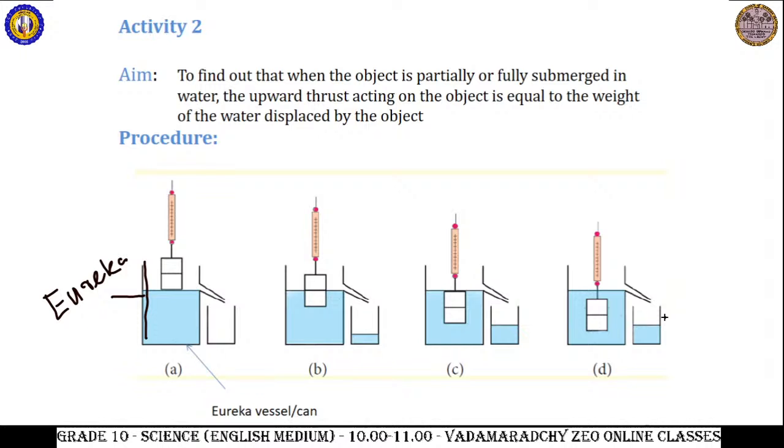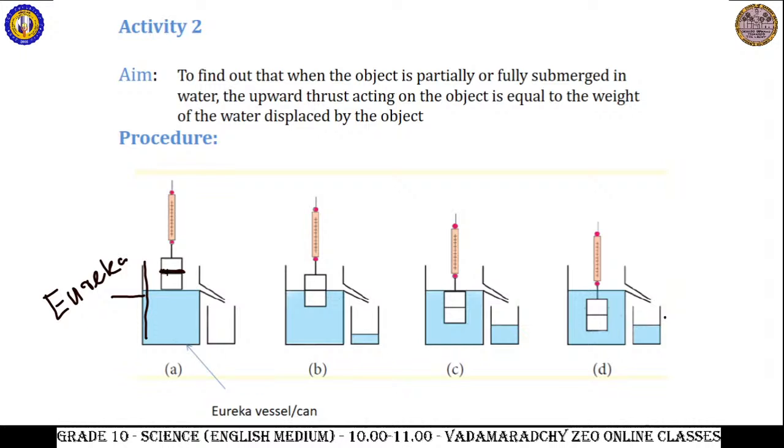First, we make a line in the middle of the metal cube to divide it into two equal parts. Then hang this metal cube in the Newton balance and get the reading.